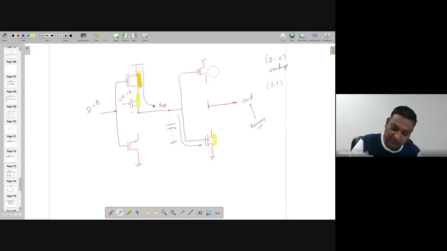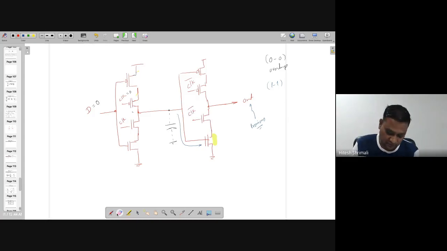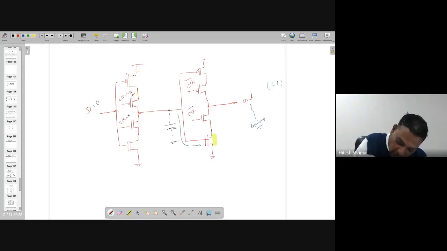However, in the case of the reverse one, which is 1-1, let's try that one also. Let's assume that clock and clock bar have a 1-1 overlap. Clock equals 1 and clock bar equals 1, all are 1, because there is an overlap of 1-1.